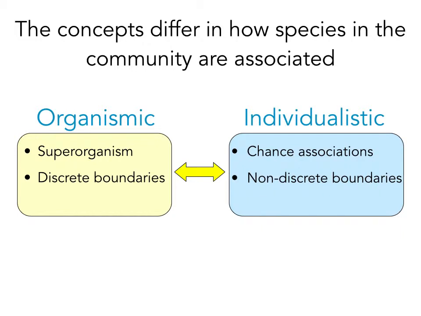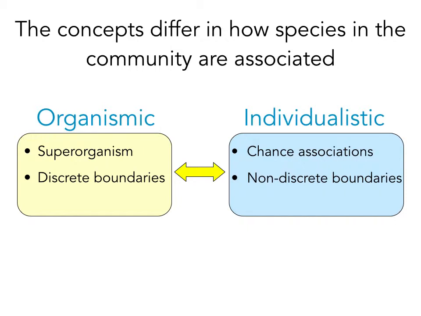On the organismic side, Clements argued that communities had very discrete boundaries, and those boundaries were there because of the tight associations of species, that if conditions changed, the species within the community would all move together as this sort of superorganism.